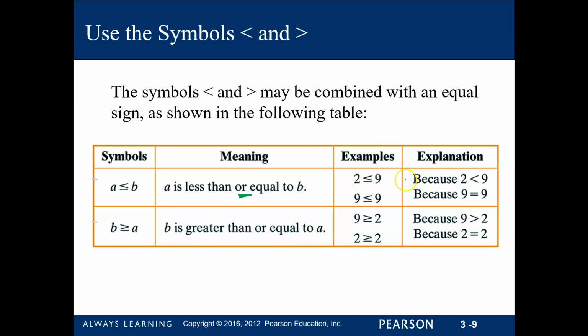Why? Because 2 is less than 9. Also, we can use 9 is less than or equal to 9. This is also possible because it satisfies the part that is equal. So you will always have two possible conditions that could be satisfied. Just satisfy one of them, and it means that that could work.